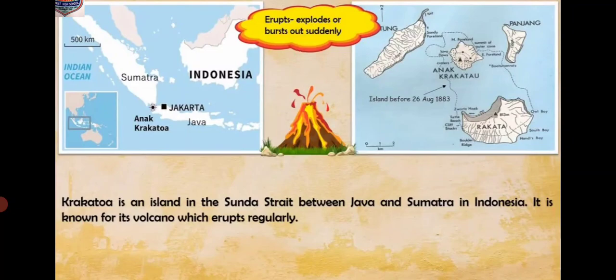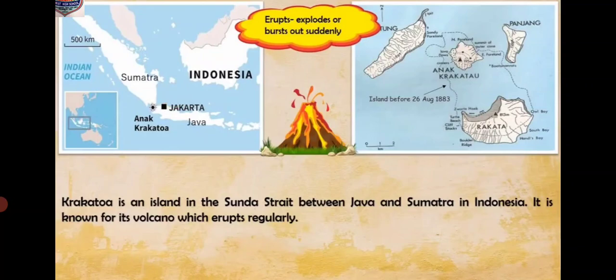Now, as I told you, Krakatoa is an island in the Sunda Strait. In the picture given to you, see, it is known for its volcano which erupts regularly, which bursts out suddenly.